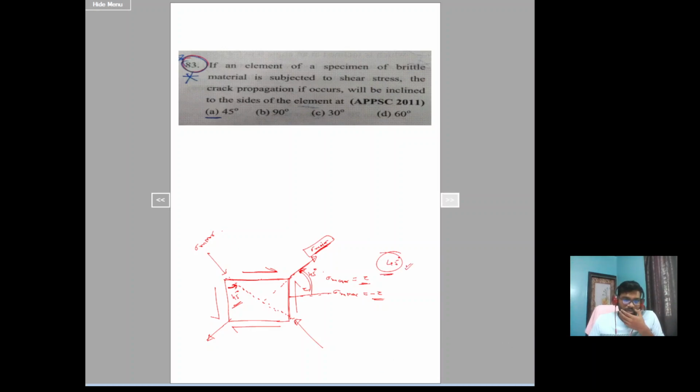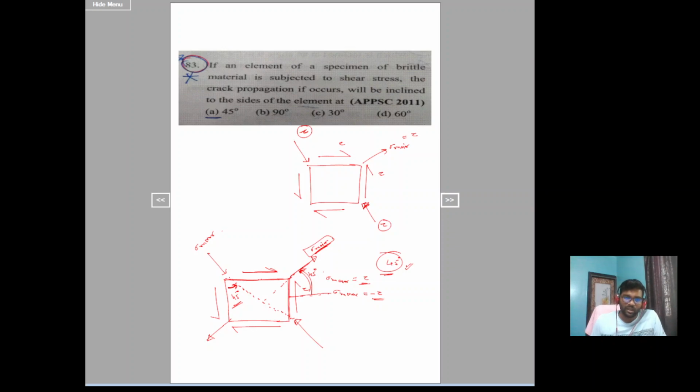Here I am mentioning one more time, in case of pure shear, if the shear is like this, this will be the major principal stress, which is tau, and here you will get the same tau value but of compressive nature.